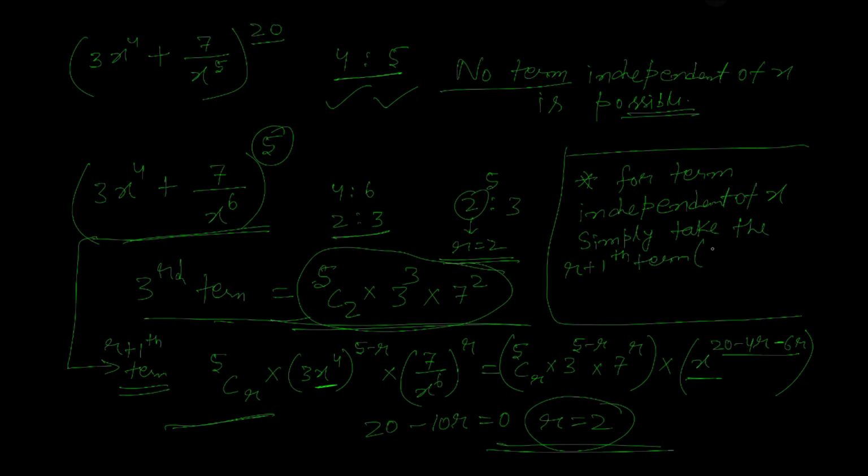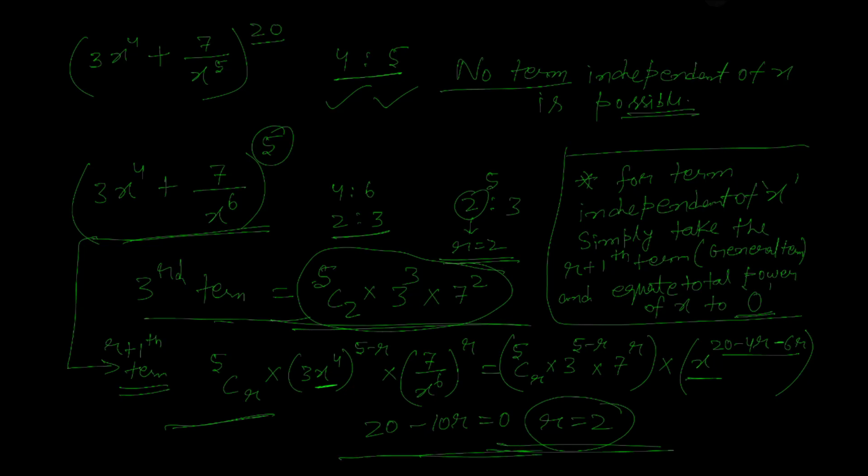We have been calling it the general term, right? And equate the total power of x to 0. Remember, total power of x to 0. And you will get the required value of r from there, right? So one example is sufficient for that.